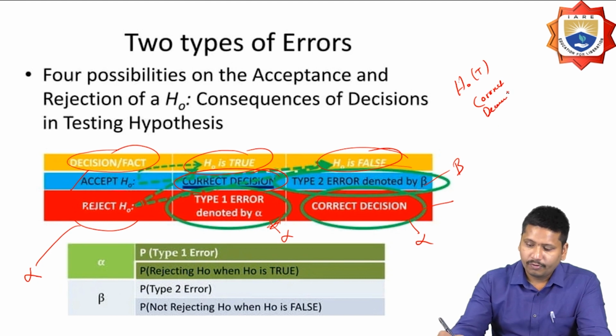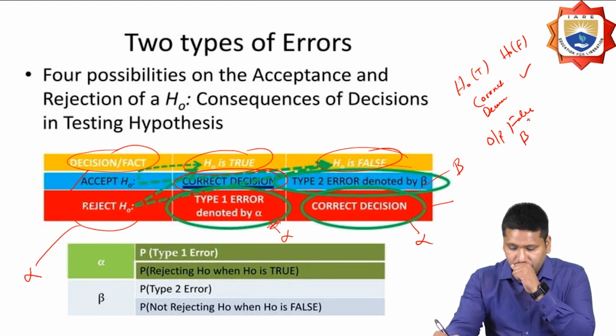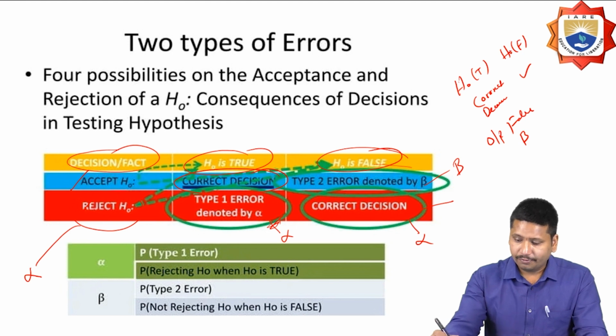Similarly, if the H naught assumption is false and it is also false, I also get the correct decision. If the initial assumption is true but the output is false, then it is a type 2 error. If the initial assumption is false but I get true, then it is a type 1 error.